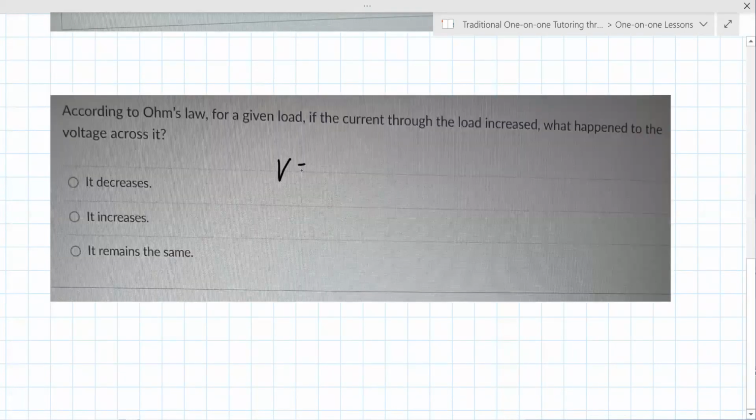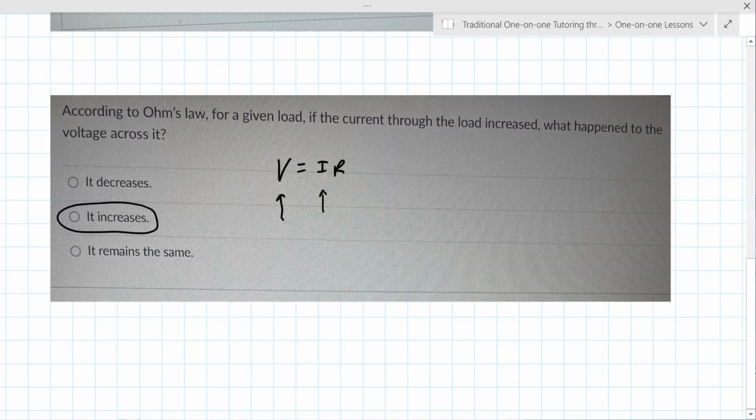According to Ohm's law, V equals IR. If the current through the load increases, so if I increases, what happens to the voltage across it? If the resistance is the same, which I guess we're supposed to assume, we think that it does increase as well. It's like if one side of the equation goes up, then the other side must also increase. And for a given load, I think that's referring to a constant resistance. So I would tend to think it increases here.